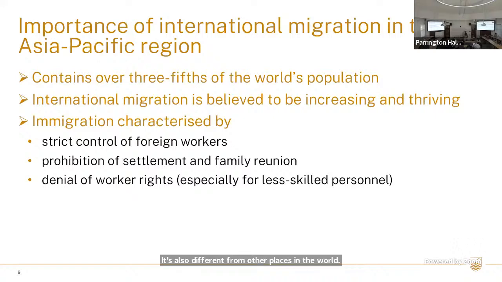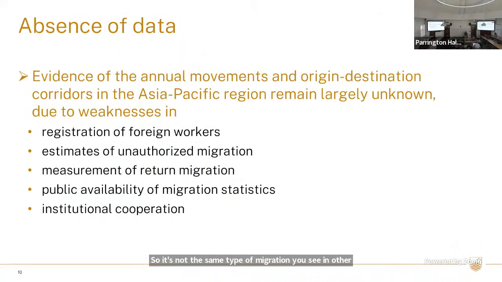Immigration is characterized by strict control of foreign workers, especially low-skilled foreign workers, prohibition of settlement and family reunion, and denial of worker rights. So it's not the same type of migration you see in other places. And there are large numbers of undocumented migrants, but that's hard to measure in any situation.